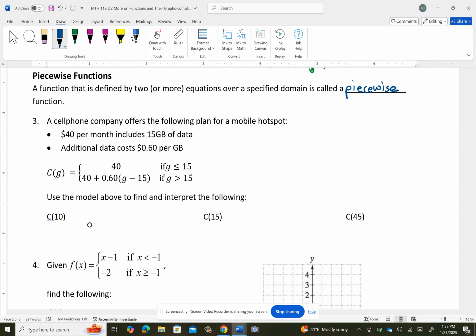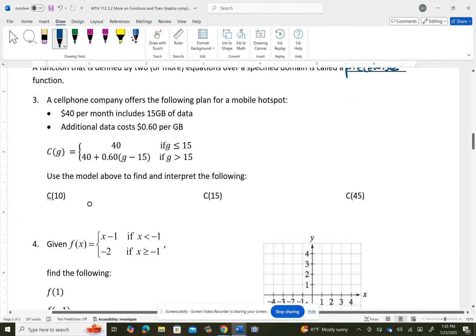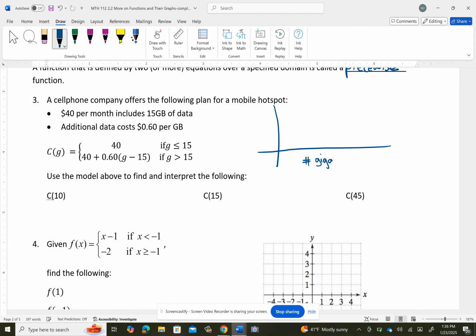So when you're thinking about this, you don't need to graph it, but I wanted to show you what's going on here. The independent variable is the number of gigabytes of data. And then the dependent variable, the y-axis, would be what it would cost you.